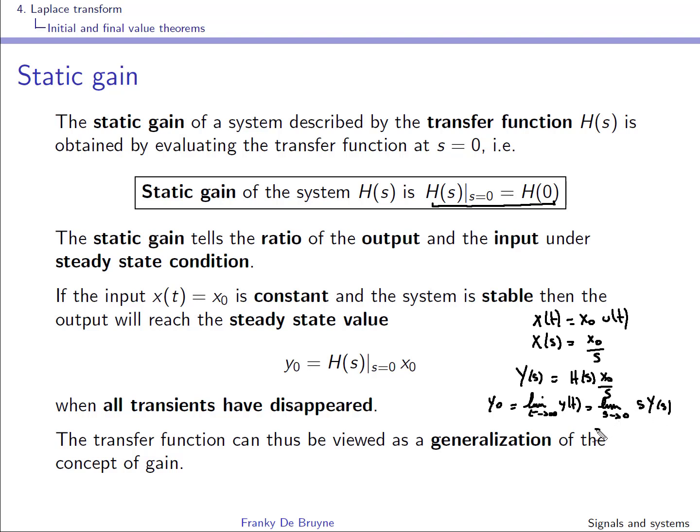So this will be the limit when s is going to 0 of h of s x0. So this is h0 x0. So the ratio between output and input is indeed h0 at steady state. We'll see this later, but the transfer function can actually be viewed as a generalization of the concept of a gain.